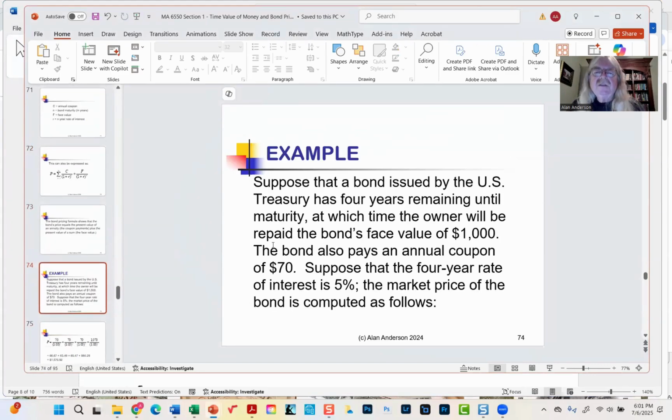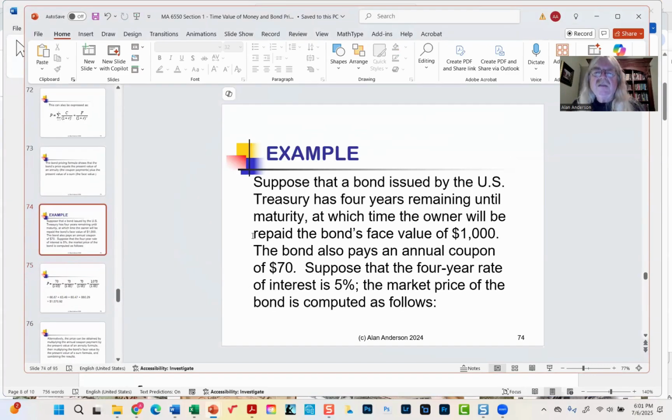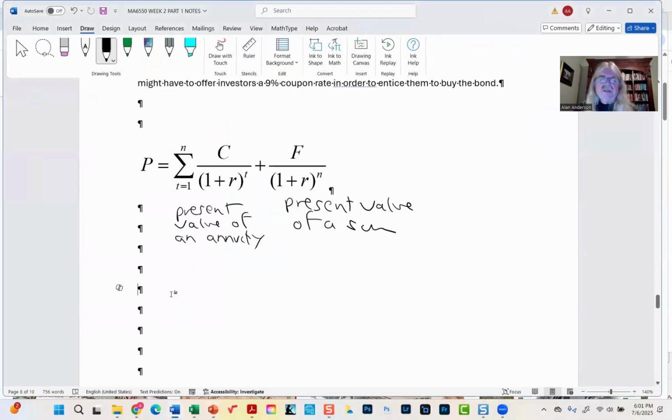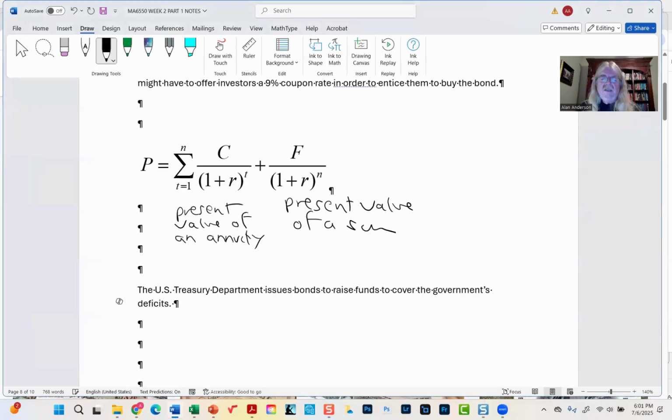All right, so here's a treasury bond. Now, this bond is issued by the U.S. Treasury Department. Now, the U.S. Treasury is responsible for raising funds for the U.S. government. And because they always have a deficit, always it's a huge deficit, the Treasury issues bonds to the public to raise funds to cover the government's deficits, every year.